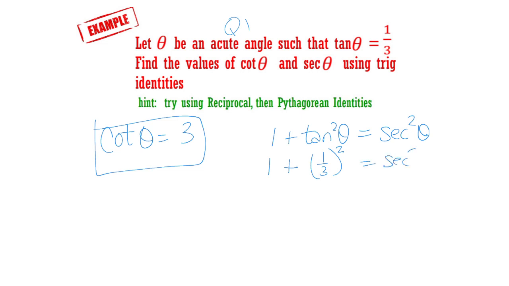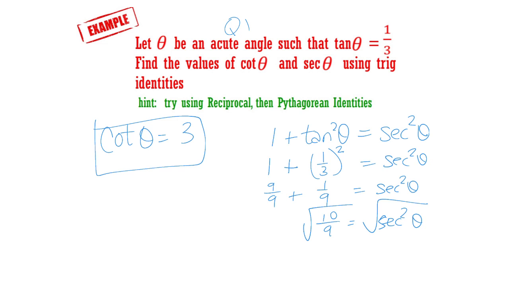Equals secant squared theta. All right, this is going to be 1/9, which means I want to call this 9/9. So I have 10/9 is equal to secant squared. So I'm going to square root both sides, and I am left with secant theta.